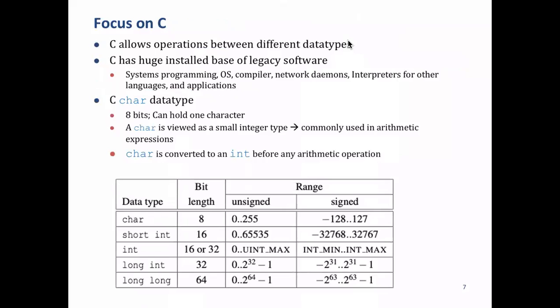Can you add, for example, a character, which is 8 bits, to a signed integer? Can you do this? Yes, a character is stored as an integer value, so you can do that. The compiler will not mind you doing that. But if you don't do it correctly, then you are in trouble. Then you are leaving some holes or gaps.